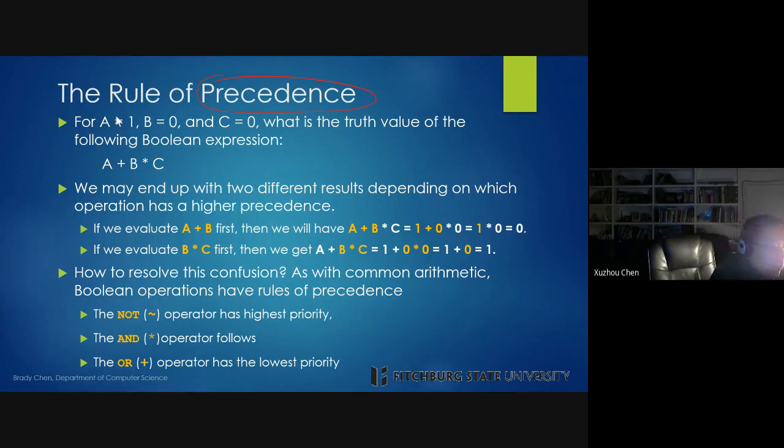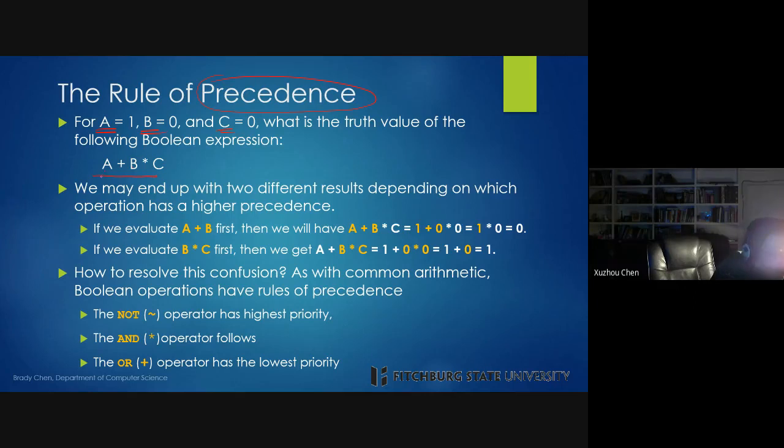So for example, we have three values A, B, C. Now, if I say A plus B times C, remember this is not arithmetic. This is not addition. This is not multiplication. This is actually the or. This is and, right? When you do this, we treat it just like arithmetic, but it's not. The meaning is different.